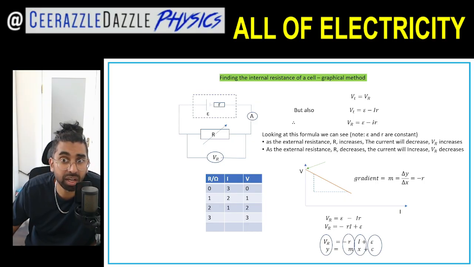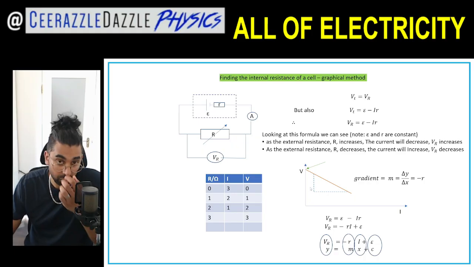So this whole term will get lower. Therefore, VR will become higher. So VR increases. And by converse statement, as the external resistance gets lower, there's greater current flow through it. If this gets higher and higher, you're losing more. Therefore, VR will decrease.